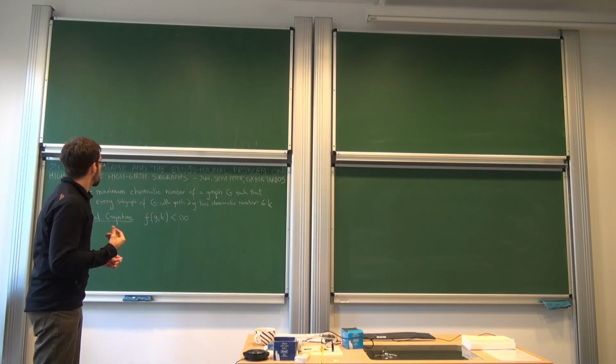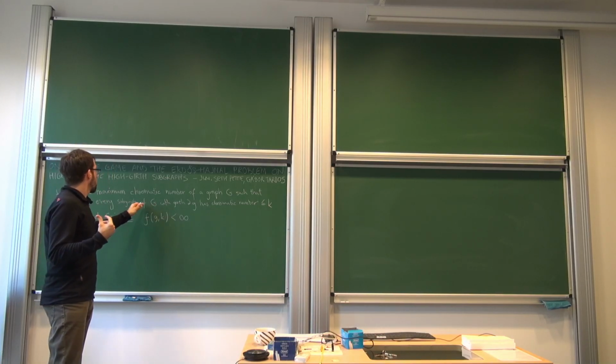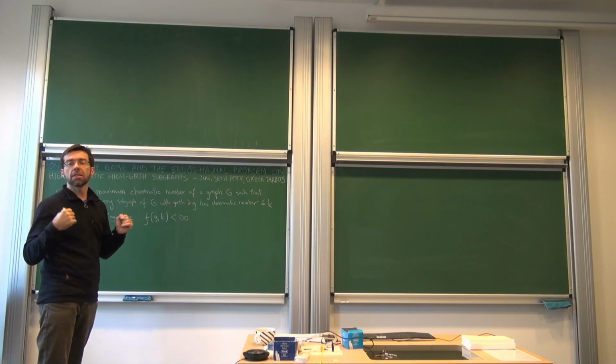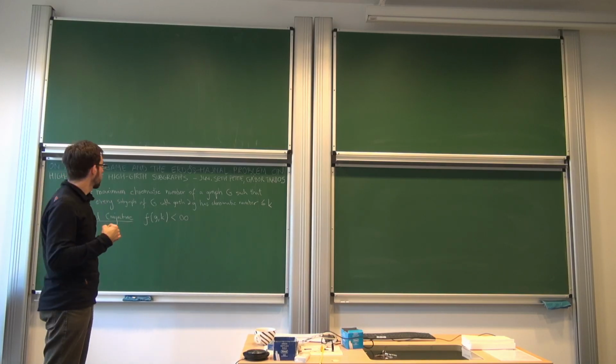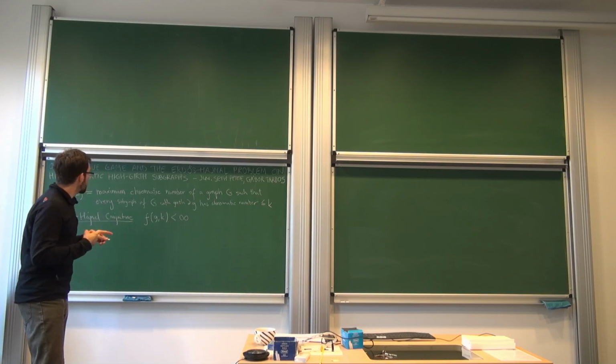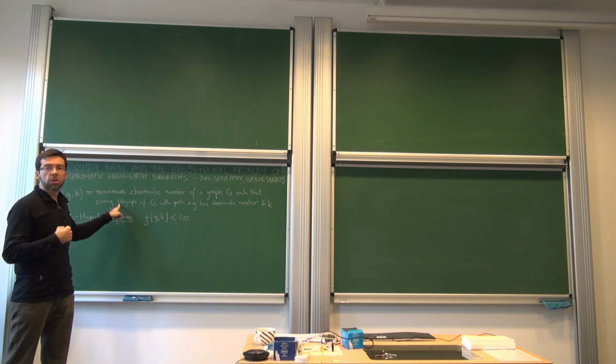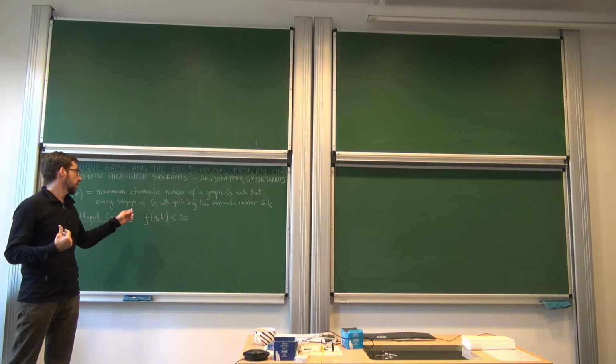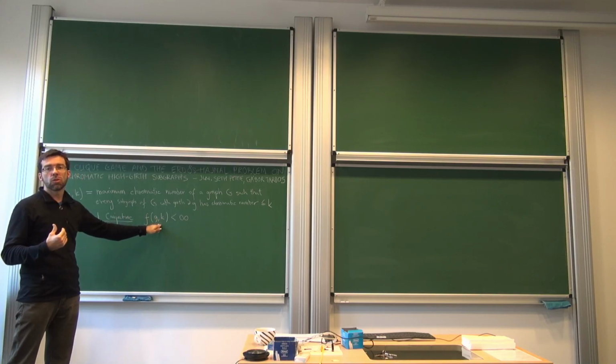So if we know that all subgraphs of high girth have small chromatic number, then the entire graph has bounded chromatic number. Okay. Also, I want to stress that this condition is about subgraphs which are not necessarily induced. If we look only at induced subgraphs, then the analogous notion could be infinite.